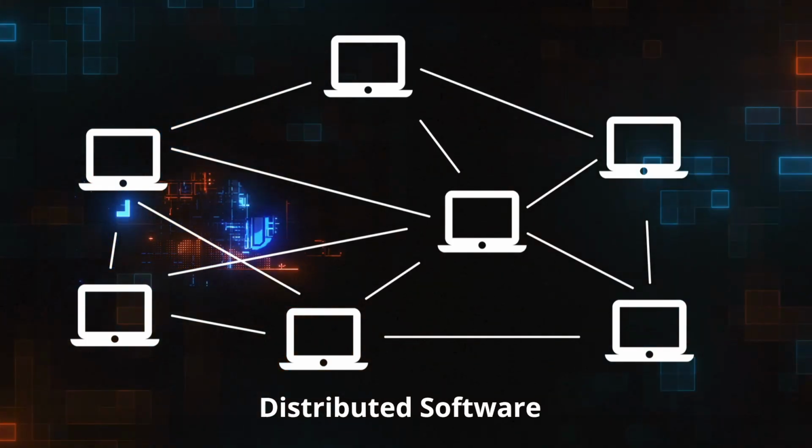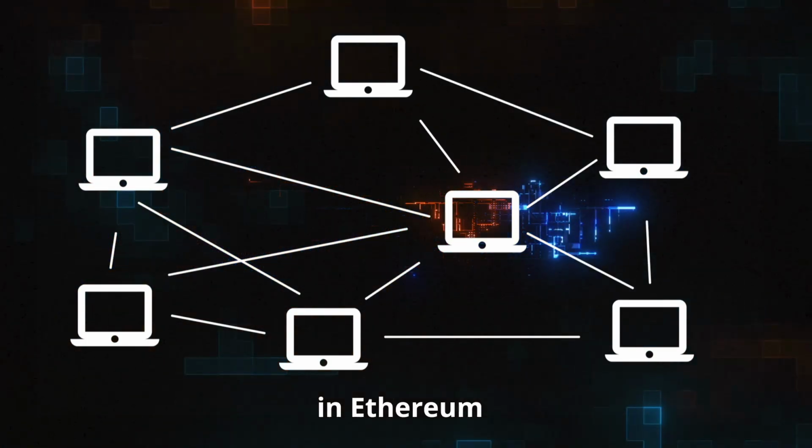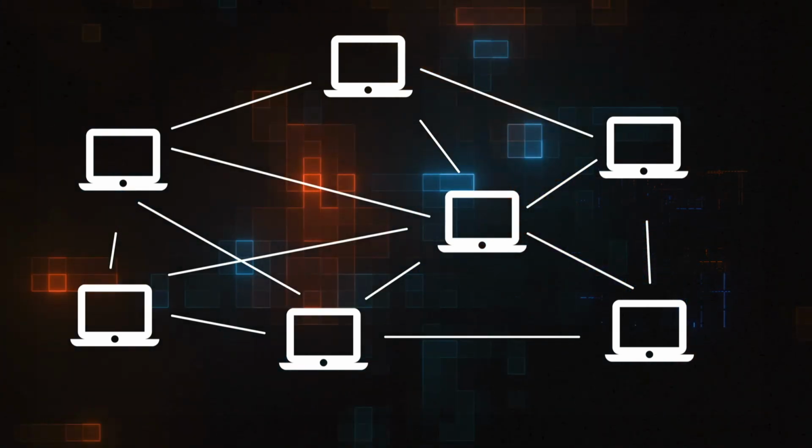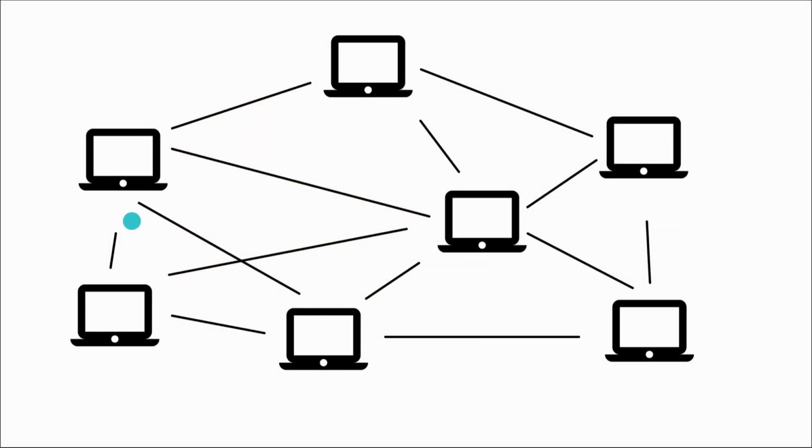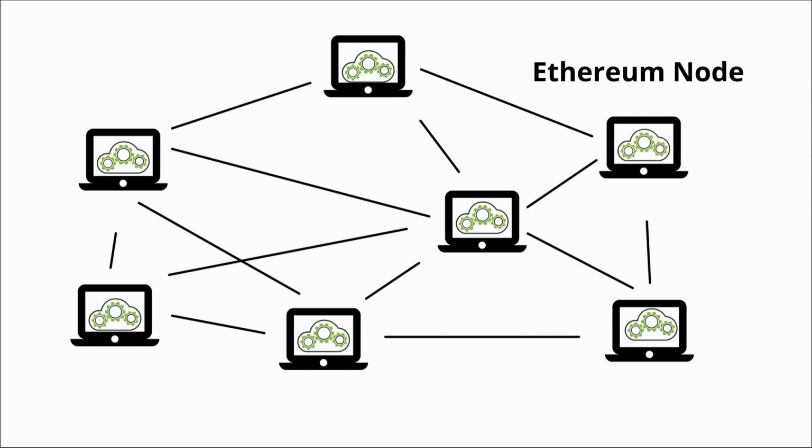Let's talk an extra minute about what it means for the software to be distributed in Ethereum. Like, do we have one part of the software on one machine, another part here, and then when you run the software, it has to be taken from all these different places? No, exactly the opposite. The full software exists in one piece, but is replicated on every single participant of the Ethereum network, called an Ethereum node.